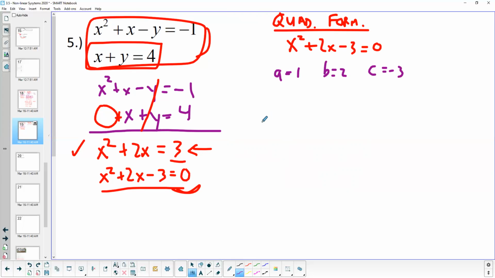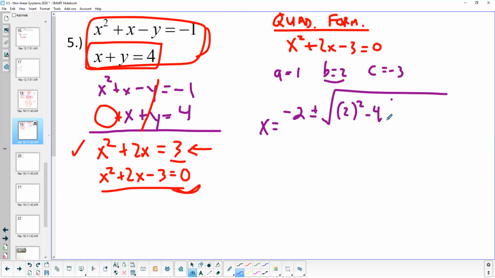And so now if I use the quadratic formula, x is equal to negative b, or opposite of b, plus or minus the square root of, and hopefully you guys can still sing this, b squared minus 4 times a, which is 1, times c, which is -3, all over 2a.